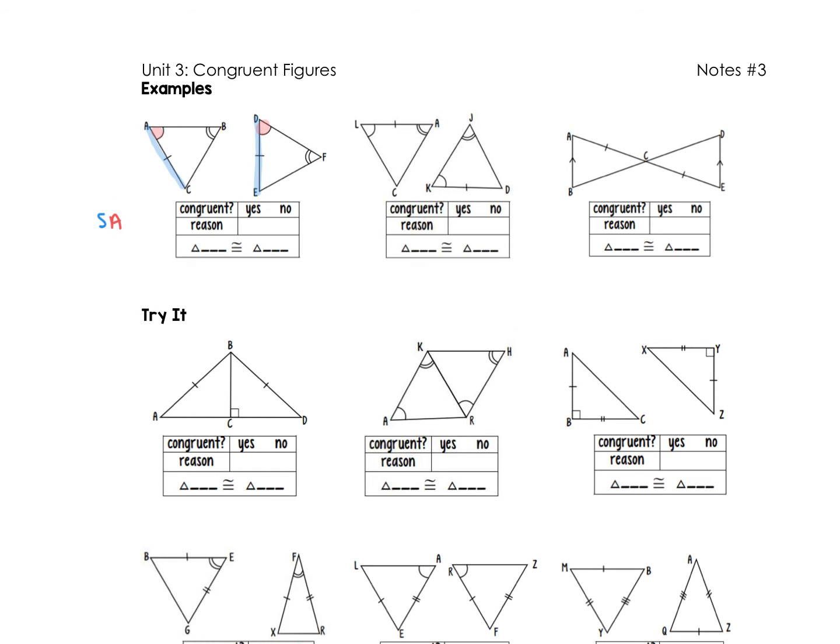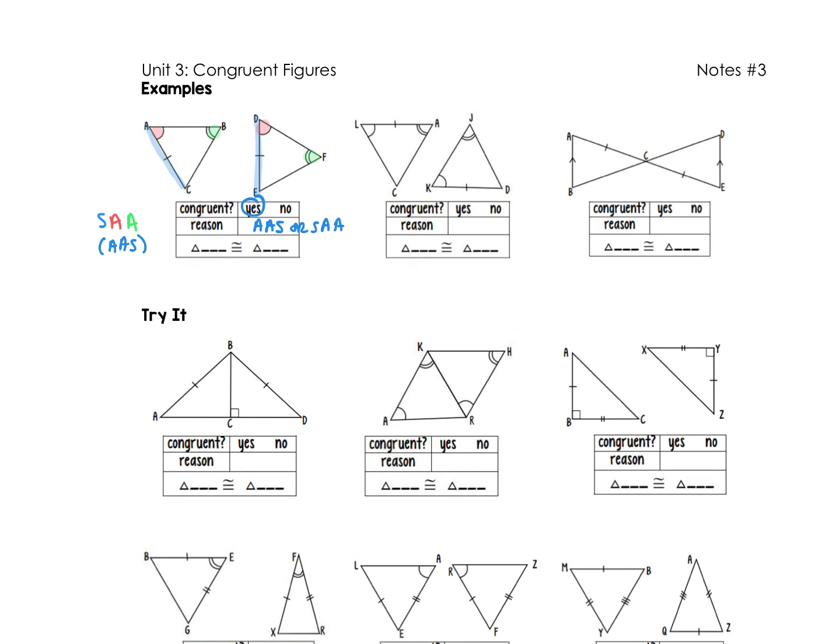And if I keep going, we're going to skip over side AB because it's not marked, and go over to angle B, which is congruent to angle F. So if we take a look at that order, I have side, angle, angle, which is also known as angle, angle, side. So yes, these two triangles are congruent. They're congruent by angle, angle, side, or side, angle, angle. Doesn't matter what order you say it in.